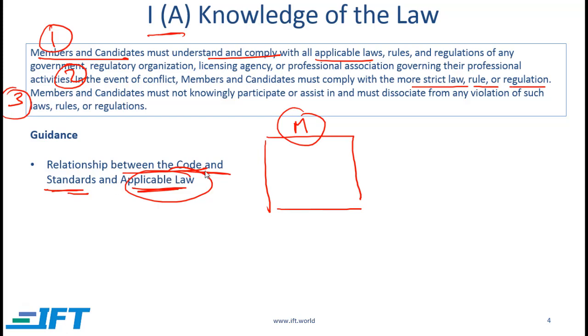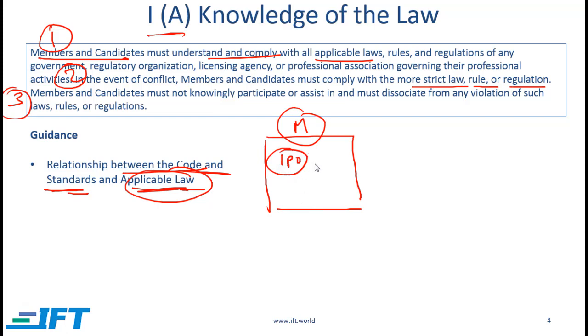The relationship between the code and standards and the applicable law is that whenever there is an area where there is a conflict between the applicable law and the code and standards, then you need to go with the stricter interpretation. Now, I'm not saying that this is the case, but let's say that the laws in Malaysia are extremely strict in terms of portfolio managers and investment advisors participating in IPOs.